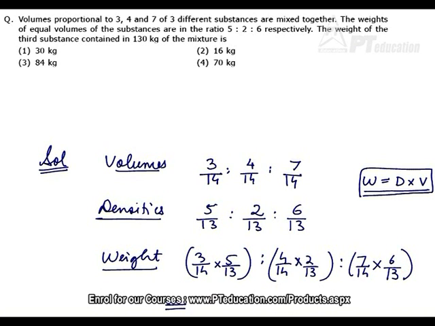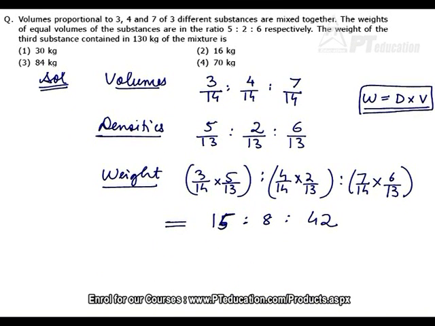If you solve this, it comes out to 15, 8 and 42. You will have to do some solving here, and you will finally get the ratios of weights as 15, 8, 42. If you add 15, 8 and 42, that will come out to 65.